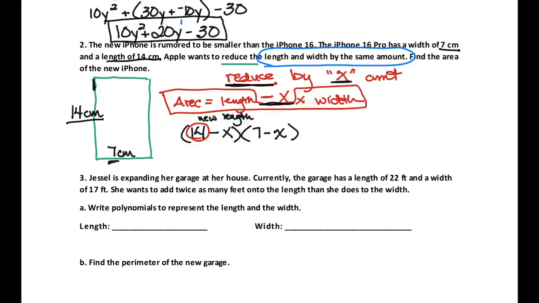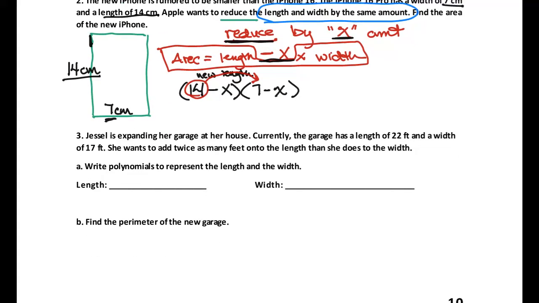All right, so I am going to double distribute on this one. If you want to do the box method and set it up with a box, you can. So I am going to do 14 times 7, and I am going to do plus 14 times negative X. Okay.